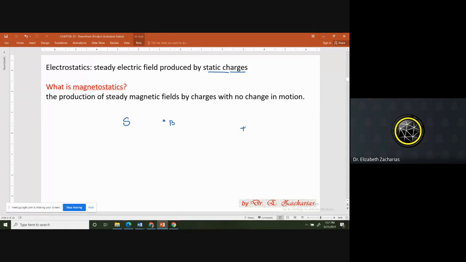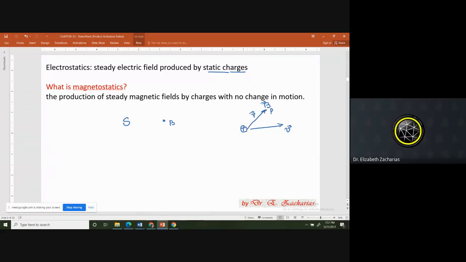Now answer this question. I was talking about this positive charge moving with a velocity v, and then I took a point P here. Is this magnetostatic? Is this field static? No, ma'am. Why is it not static? The proton is moving. Because it's moving, what is going to happen to your r vector?